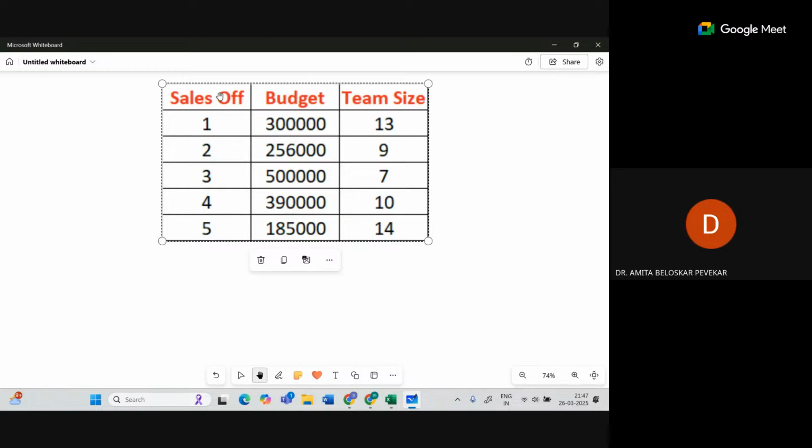We have not been given an output, so you can consider it as 1 million. 1 million is the output given to all sales offices. So the interpretation is that all sales offices are producing revenue worth 1 million, but these are their respective inputs. I'm just giving the output here. Output of all the DMUs is equal to 1 million.